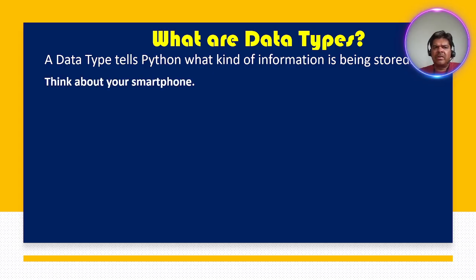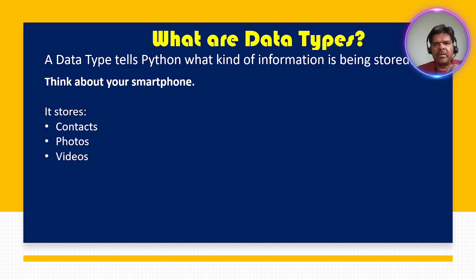What is the meaning of this? Think about your smartphone. What information is available in your phone? You have the contact details, right? Those contact details are stored in your mobile only. Photos, videos, messages.